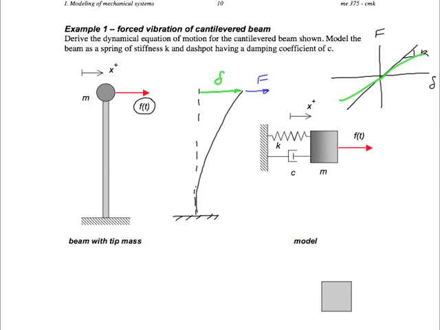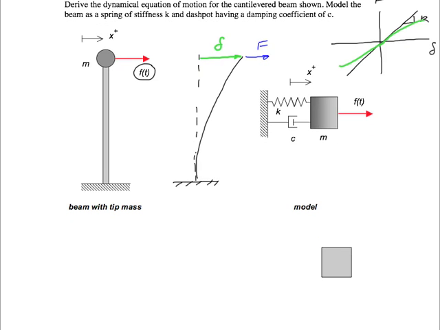So that's the background for this. In addition to the stiffness of the beam, we're also going to account for some energy dissipation. As that beam bends, it's going to dissipate energy. In a way, we're going to represent that by a dash pot of a damping coefficient C. And a very important point that's made here is we're going to model the beam simply as a spring.